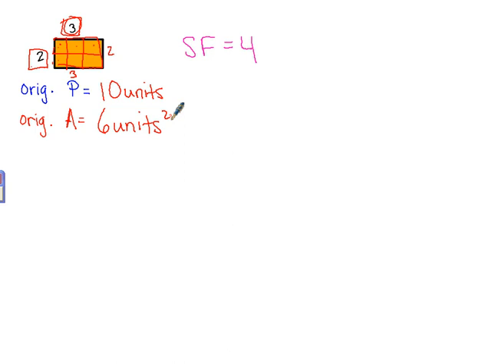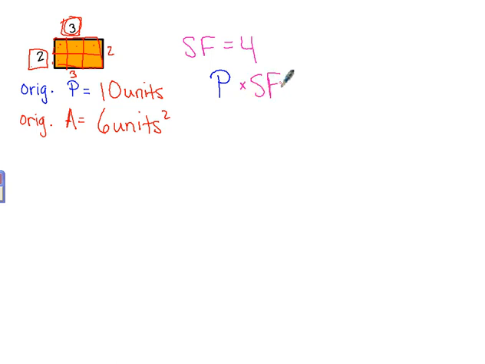Now, if I did not want to draw my new picture, give it dimensions, and calculate it, I could use the rules that we came up with. And that was for perimeter. I'm going to have P represent the original perimeter. I could take my original perimeter and multiply it by the scale factor.